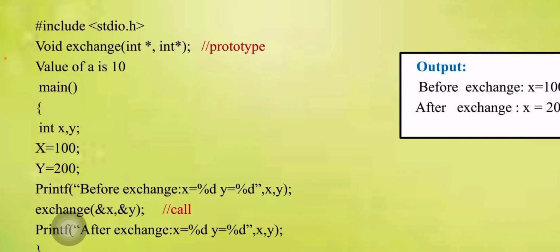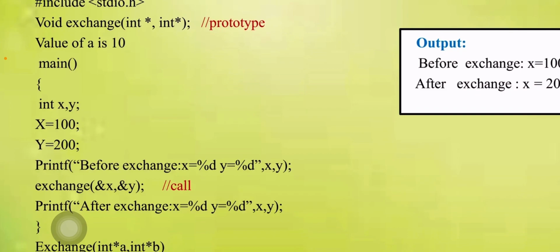In the next statement, exchange is a user defined function. Its return type is void, and we are passing it pointers as arguments, int star comma int star. That means we will pass two pointer type variables to this function.